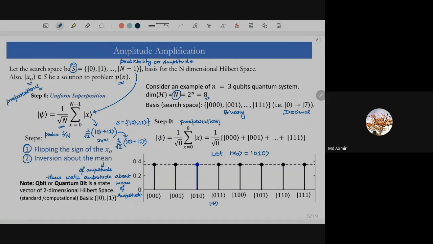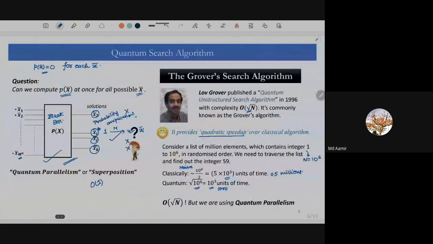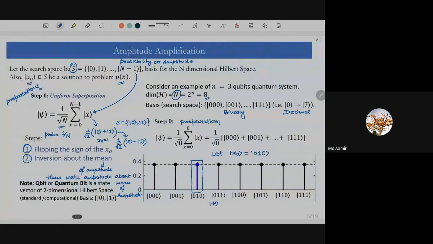So we are looking for this state. This is the first step which we had discussed, that we perform P of x and we get all the solutions at once. So we have created everything in a superposition state, and then we perform something and we get the solution.